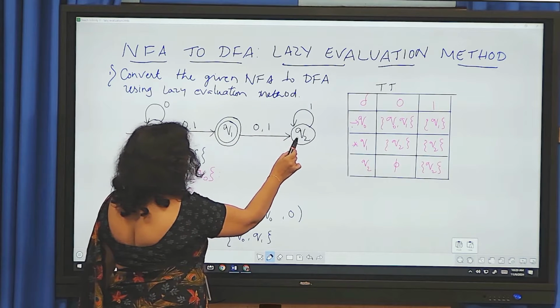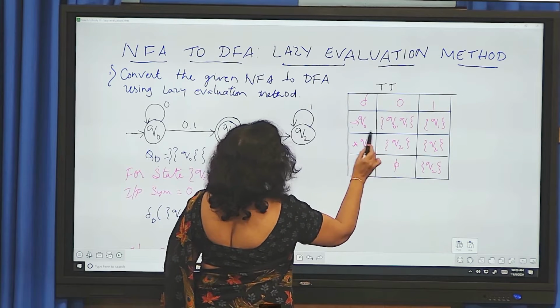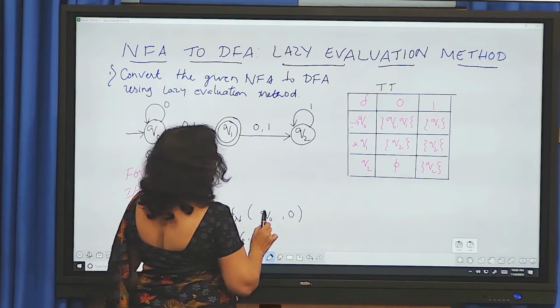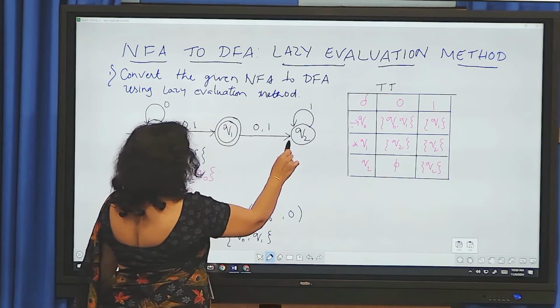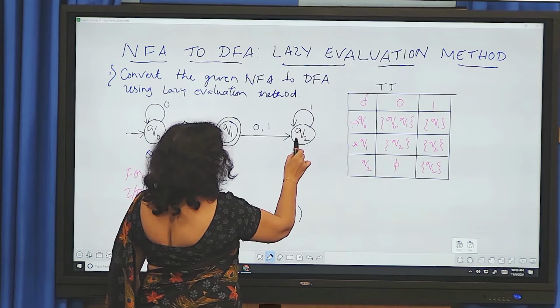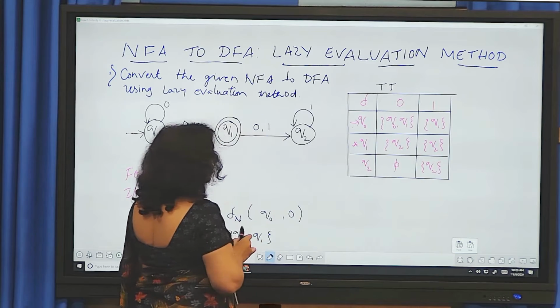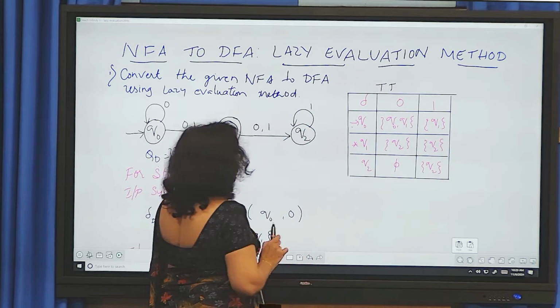Q1 on 0 goes to Q2. Q1 on 1 goes to Q2. Now, Q2 on 0, there is no transition, so we will mark it with a phi. Q2 on 1 goes to Q2.